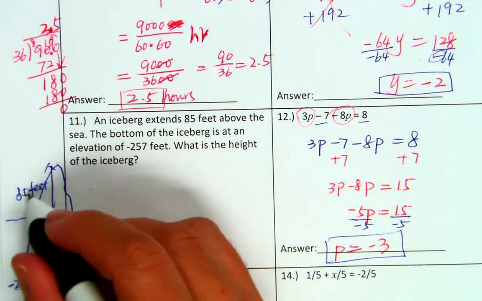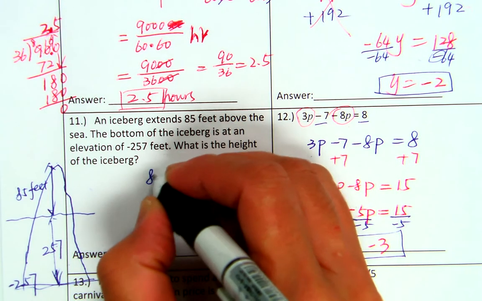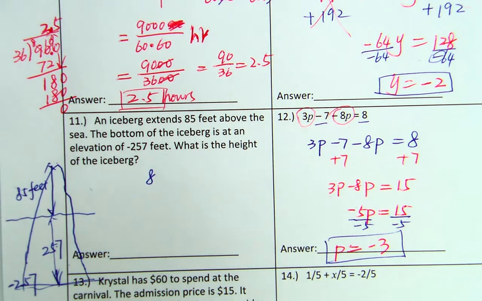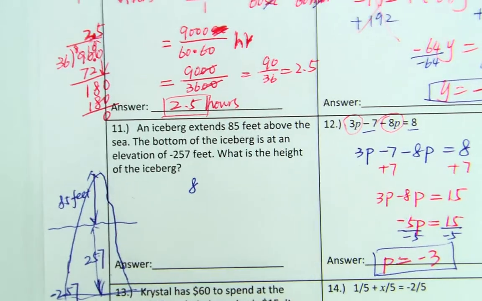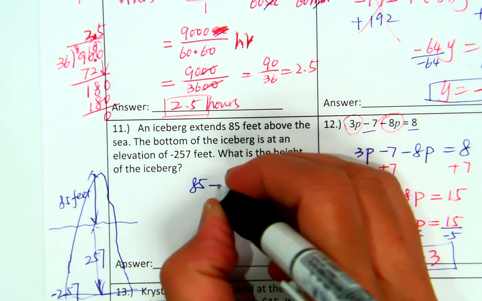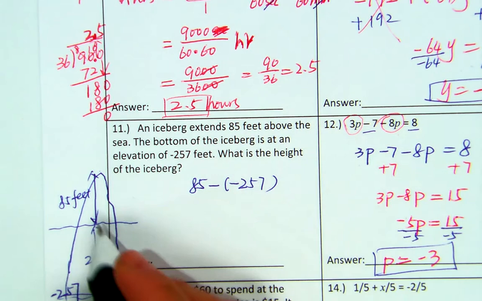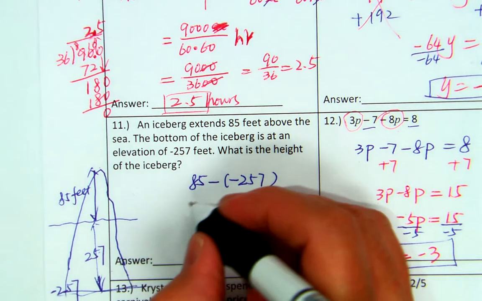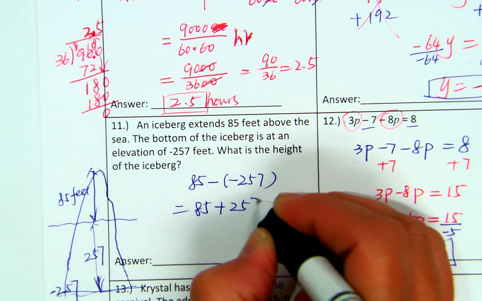So what do you do with these two? You can add these two positive numbers, or you can see it this way. I need to turn on the light, I guess, because it's kind of dark. 85 subtract the negative 257 is the same thing. It becomes 85 plus 257.